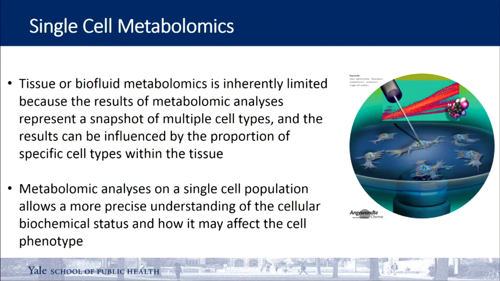So we're coming down to single-cell metabolomics. So far, I have introduced to you just the bulk metabolomics, the tissue and biofluid metabolomics, which has some good advantages, but also some limitations. It's inherently limited because the results of metabolic analysis represent really a snapshot of multiple cell types, and also the results can be influenced by the proportion of specific cell types within the tissue.